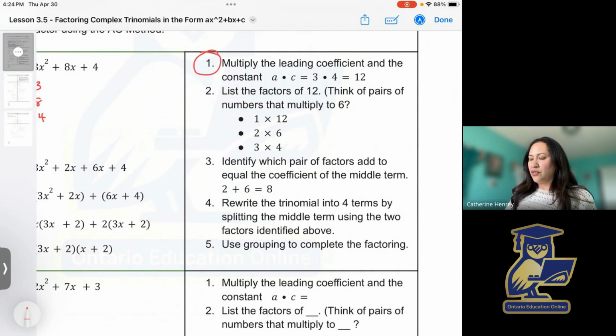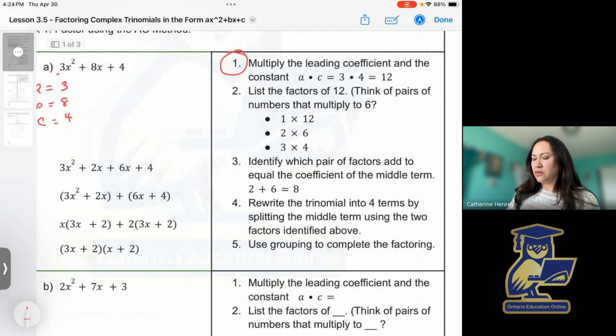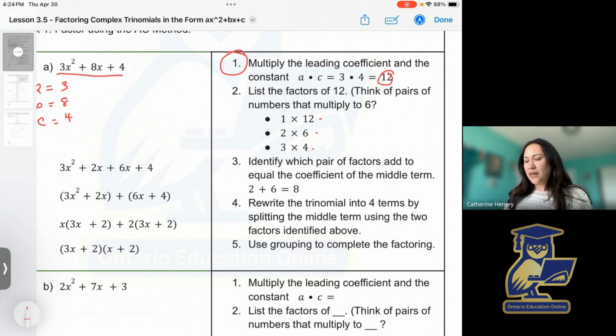So we have 3 times 4 based on the original question. And so when we multiply it, we get 12. Now that we have 12, that's the number that we're trying to think of all of those factors for. So we have 1 and 12, 2 and 6, 3 and 4.